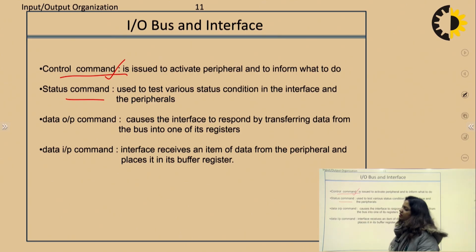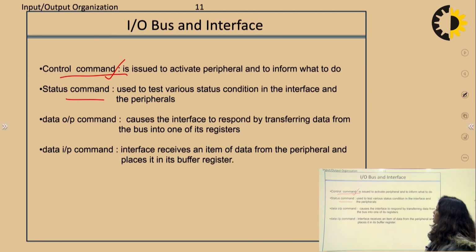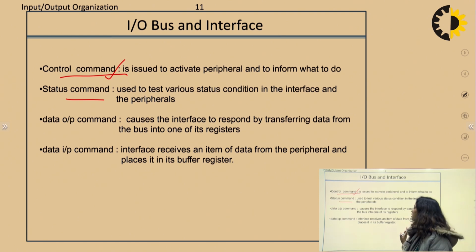It means checking whether the data inside the interface is available for transmission or not, which we'll discuss later in detail. Next is the data output command, which causes the interface to respond by transferring the data from the bus into one of its registers. There is one data register inside your interface, and this data command is used to observe whether data has been put in that data register or not.